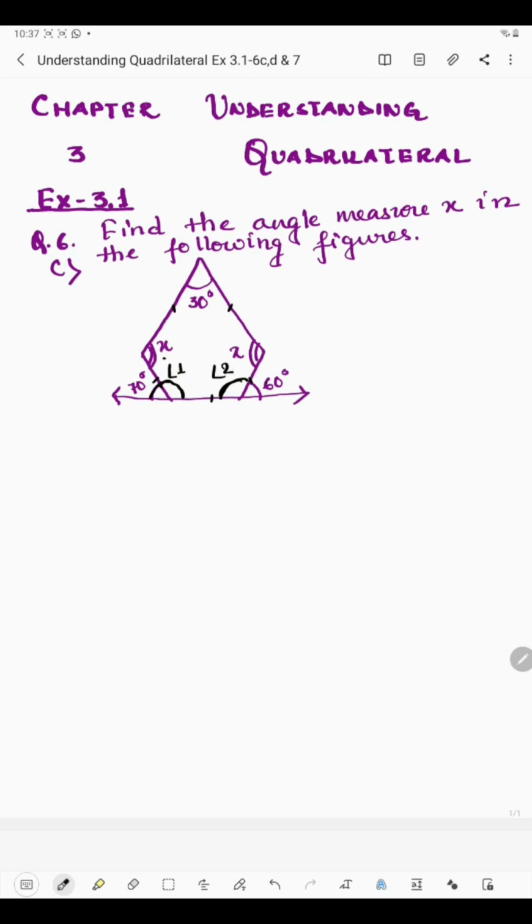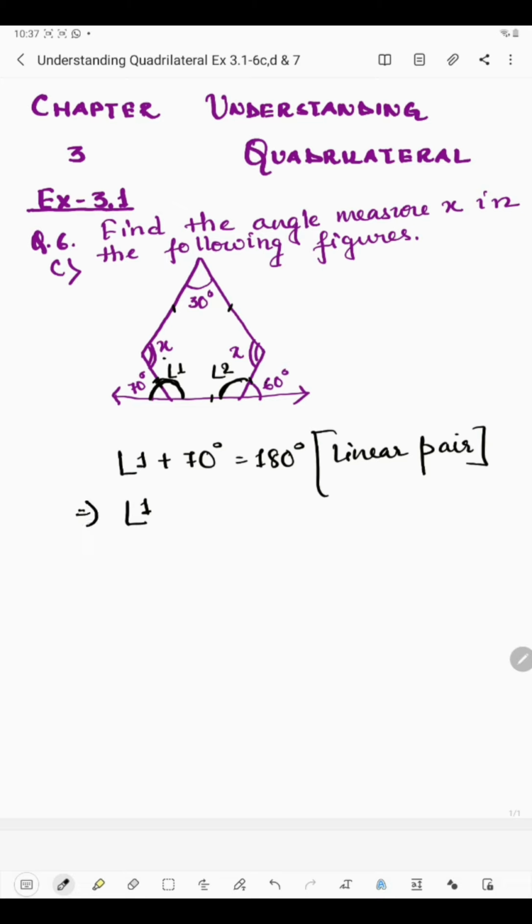Now see, these two angles form a straight line. So the sum of these two angles will make 180 degree, as these two are a linear pair. So angle 1 plus 70 degree is 180 degree, as these are a linear pair. So what will be the value of 1?